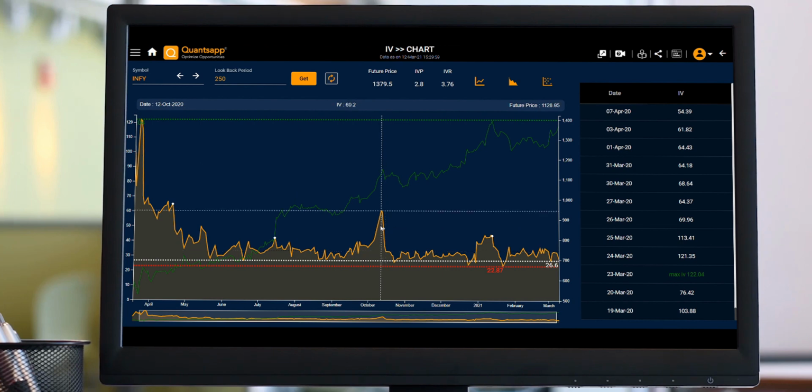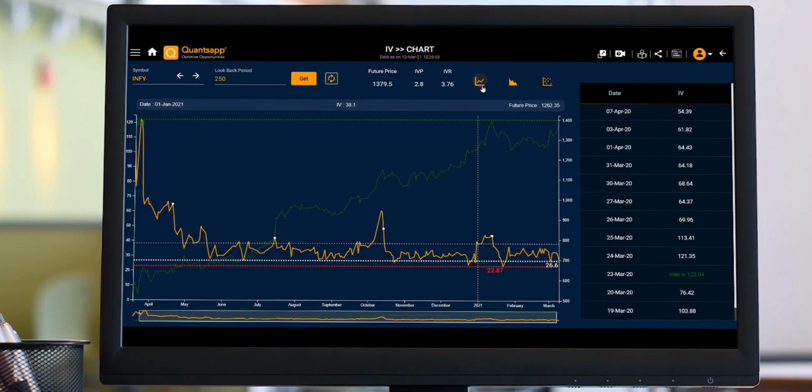You can search for your desired script in the IV chart and check how the IV is, whether the IVs are trading at the highest level or at the lowest level. Also, if I wish to change my view, I can change the format of the graphs. By clicking on the graph line over here, the yellow part which was highlighted automatically moves away.